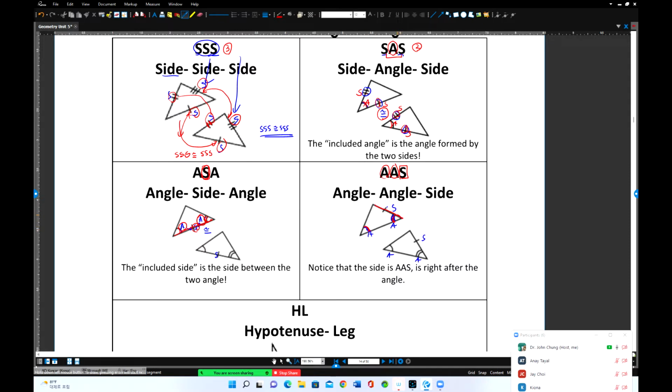Angle, angle, side. This is also working. So at least we have one side over here. If we have at least one side, this side can be middle or first or third, it doesn't matter. Angle, angle, side. You can choose either of these.